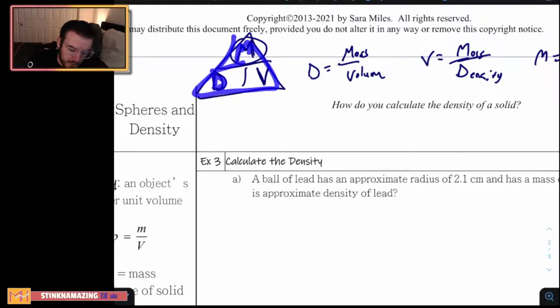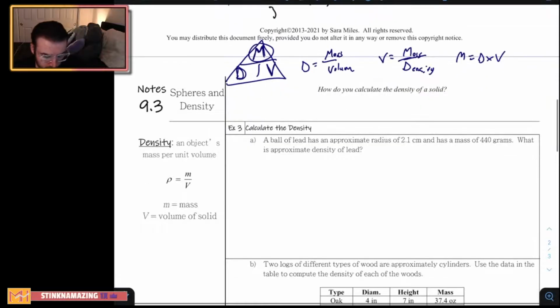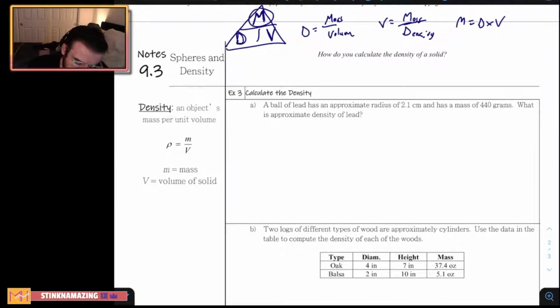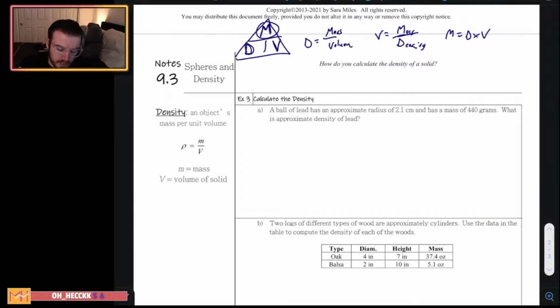M over D equals V. D equals M over V. And M equals D times V.